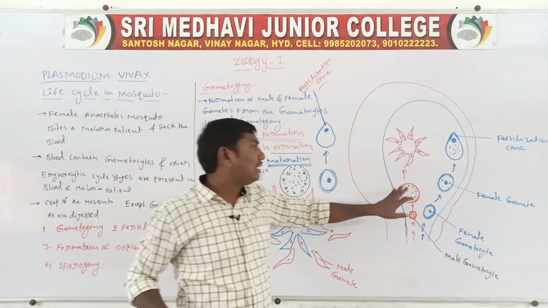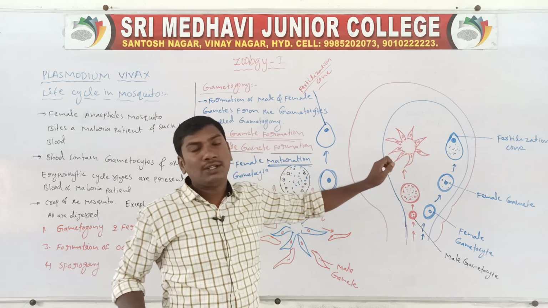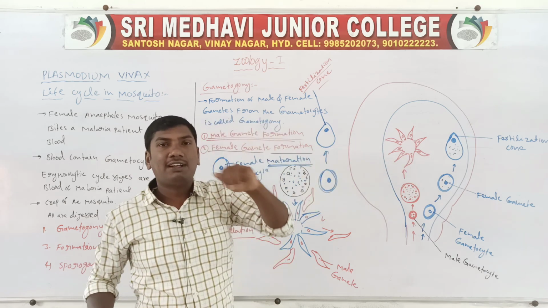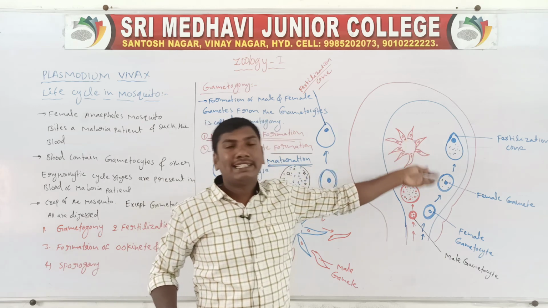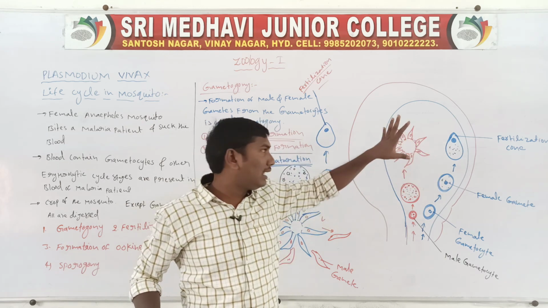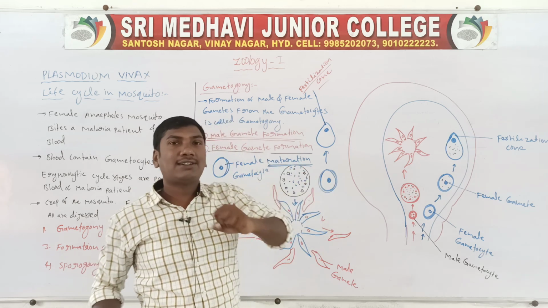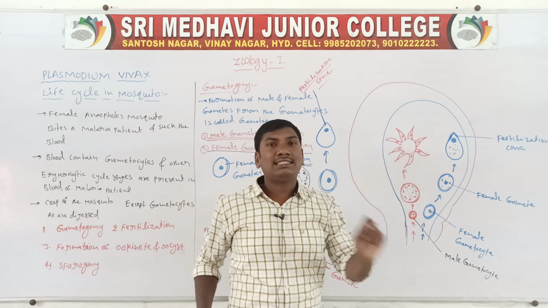Next, the cytoplasm forms flagella-like structures, and one nucleus enters into each flagellum. After flagella formation, they show lashing movements. The flagella separate from the cytoplasm. This separation of the flagellum is called exflagellation.